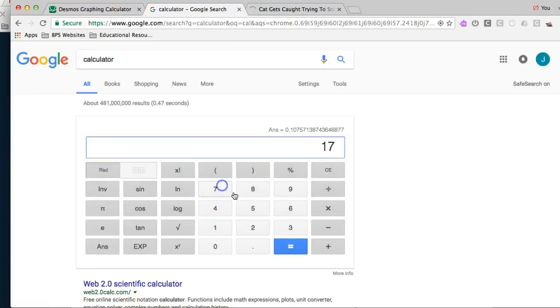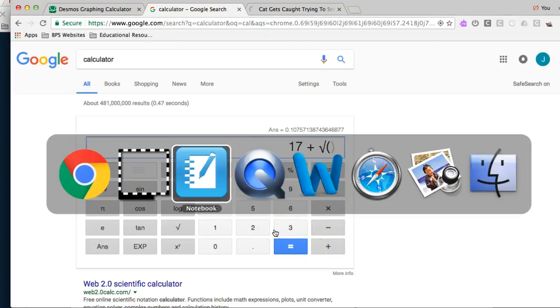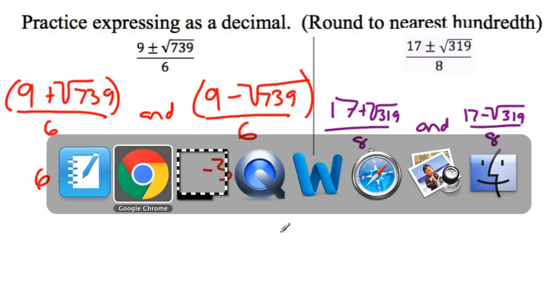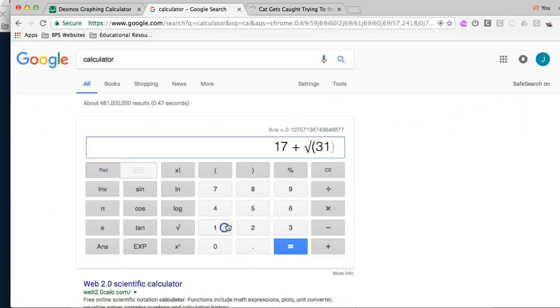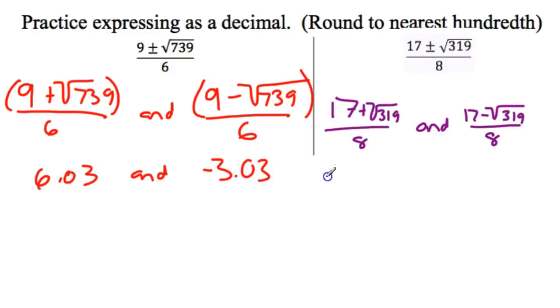So 17 plus the square root of 319. Then you hit equals. Then you divide by 8. 4.36, because we're rounding. So this one's 4.36.